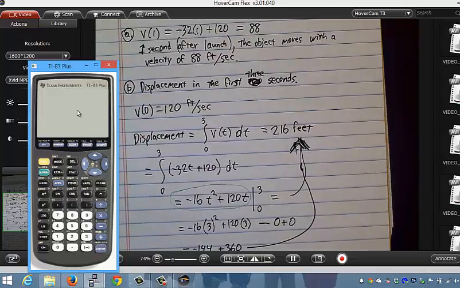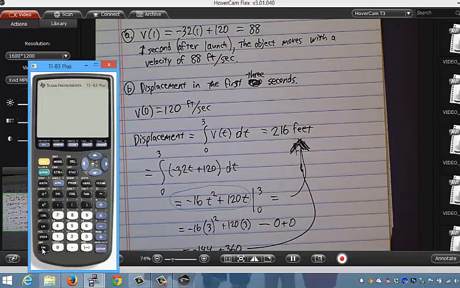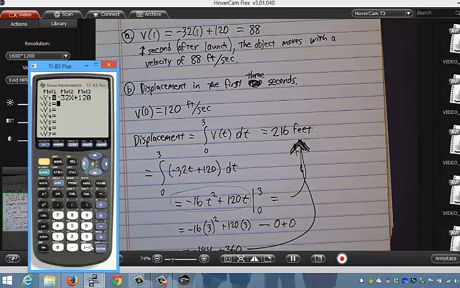Negative 16t squared, right? Let's actually graph it on the calculator. I'm going to graph it right below the function I have here. So I'm going to graph negative 16x squared. Then I'm going to say, what is it? Plus 120x.